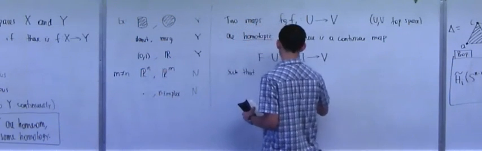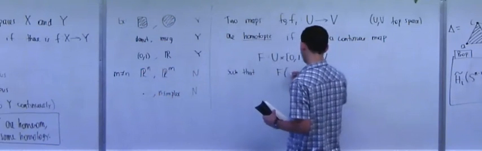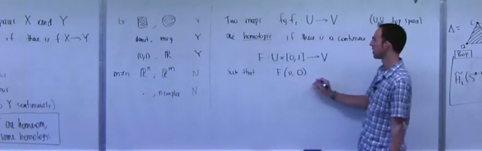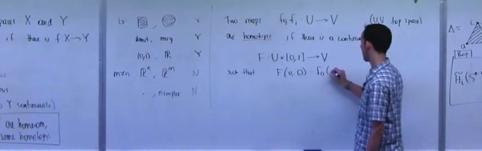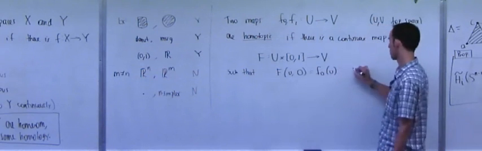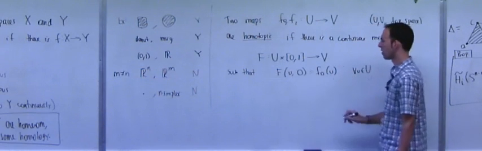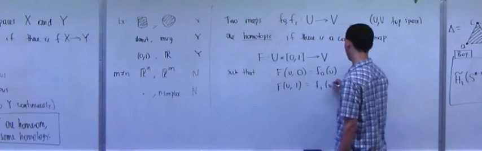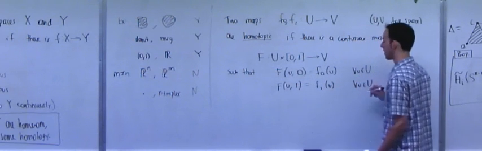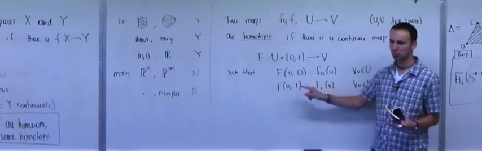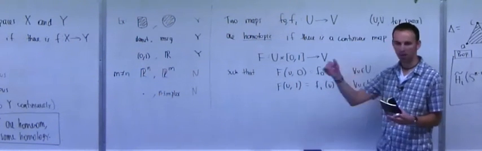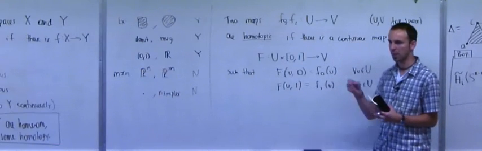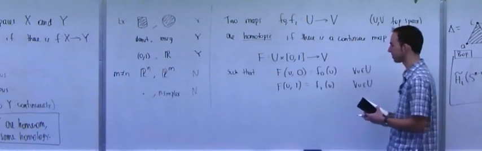So for example, when the time is 0, then this should just be the F0 map. When time is 1, you should have the F1 map. And then in between, for every number between 0 and 1, you have to define some map from U to V. And you have to do it in such a way that this is continuous. So the map is transforming continuously.